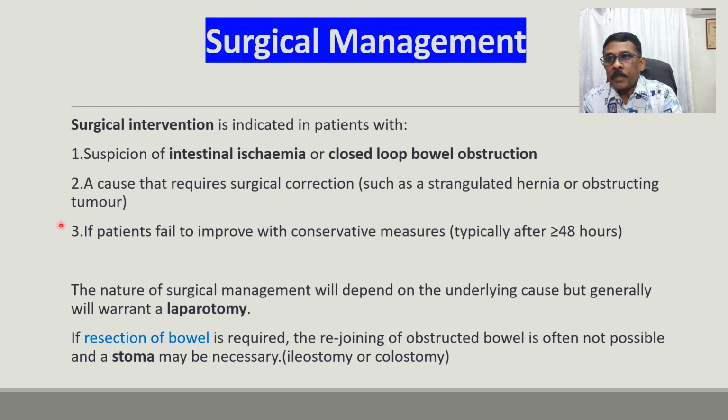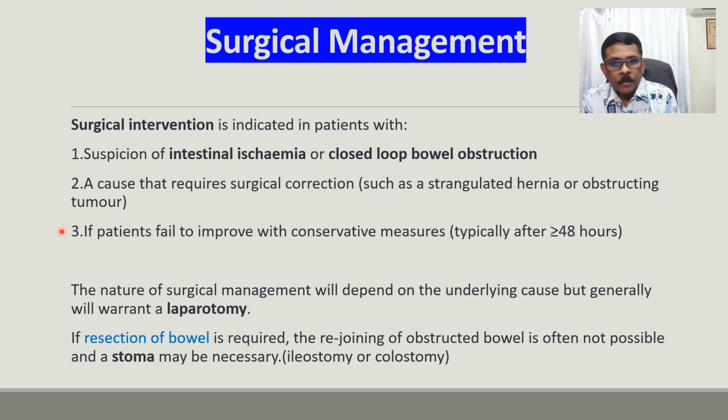The third indication is if patients fail to improve with conservative treatment. Conservative treatment can be tried for 48 to a maximum of 72 hours. Drip and suck and replace the fluids, give analgesia and antibiotics, and observe the patient. If within 48 hours he improves, well and good, you continue the conservative treatment till he fully recovers.